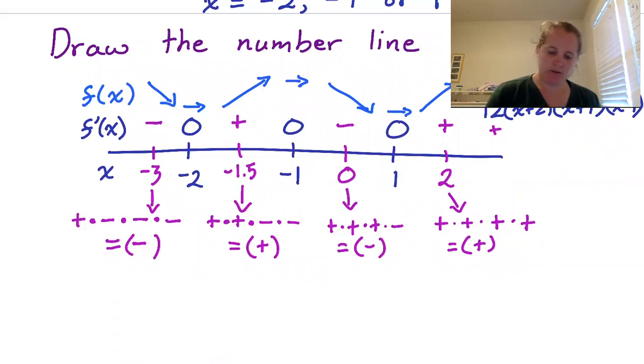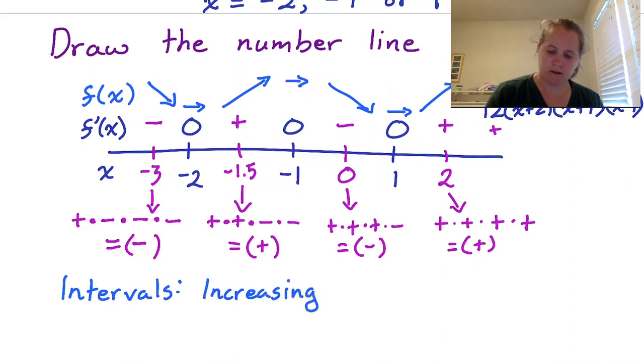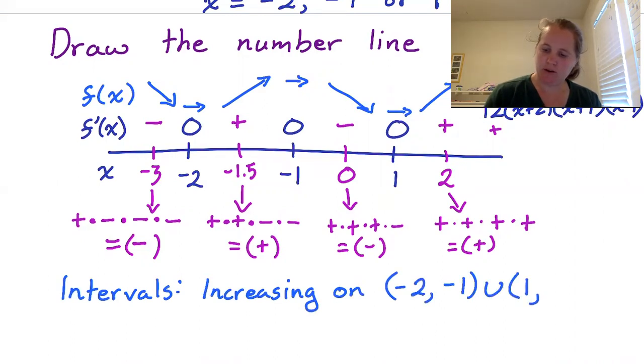If we write our intervals, we have that it's increasing on from -2 to -1, which was our first up arrow. And then again, from 1 on forever to infinity.